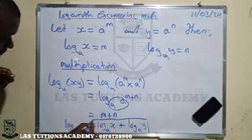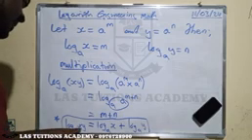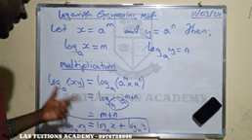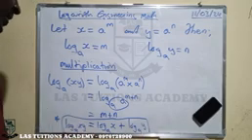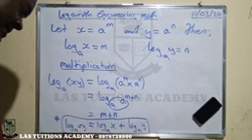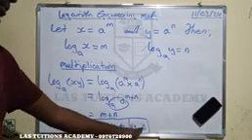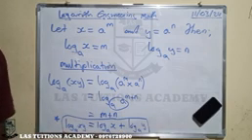So this is the rule under multiplication. It simply says when you have log a and you're multiplying x times y, you can decide to split them this way. You write log base a of x, plus log y base a. So you can split this way when you are multiplying.